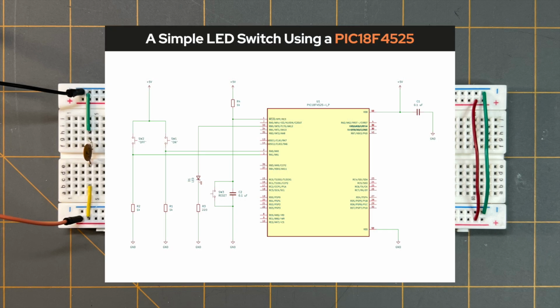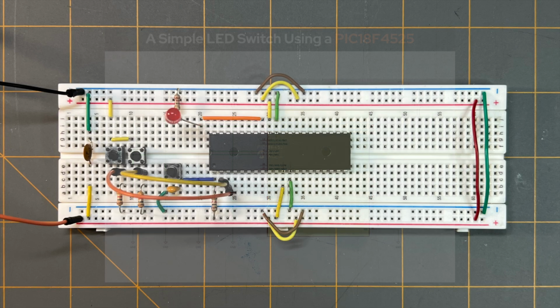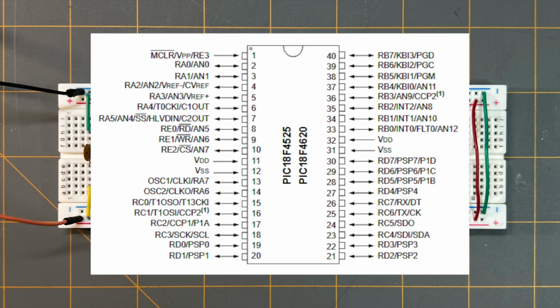Looking at the schematic diagram, it's difficult to read the pin numbers for the PIC's power and ground, so let's take a look at the pin diagram on page 4 of the datasheet so we can see the VDD and VSS pins.